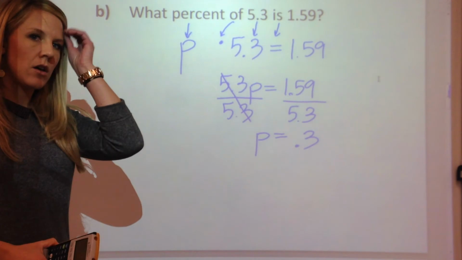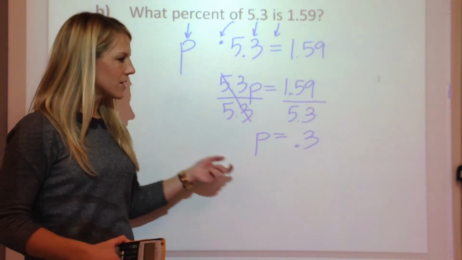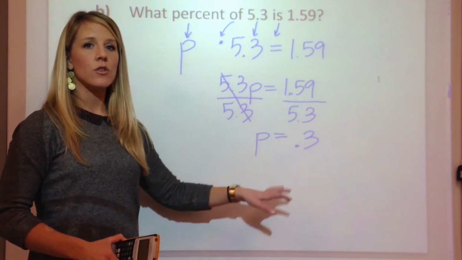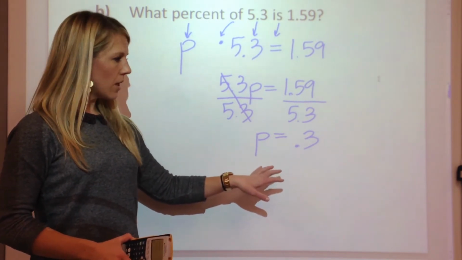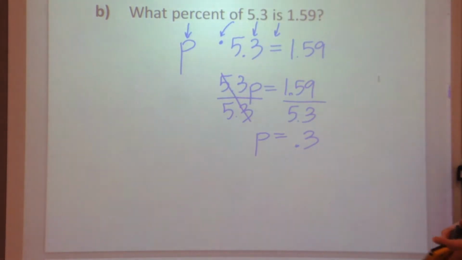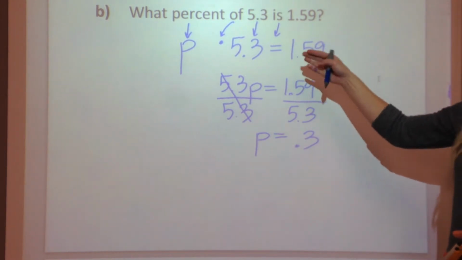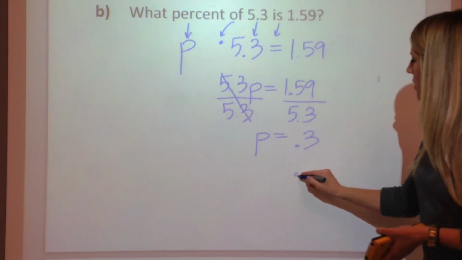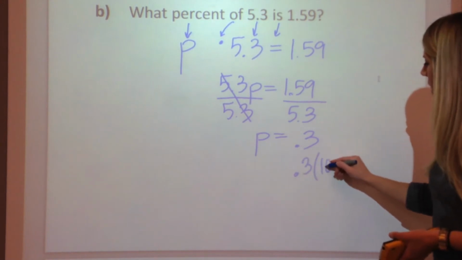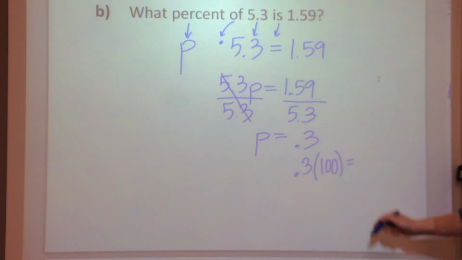So here's the thing. It's not 0.3%. What I still have to do with this is take this now to the actual percentage. So if it's 0.3, what did that mean? That means that we took 30 and actually divided it by 100. So to figure out what this is as a percent, where the percent is something out of 100, we take this 0.3 and we multiply it by 100 because we want to get back to what is that percent.